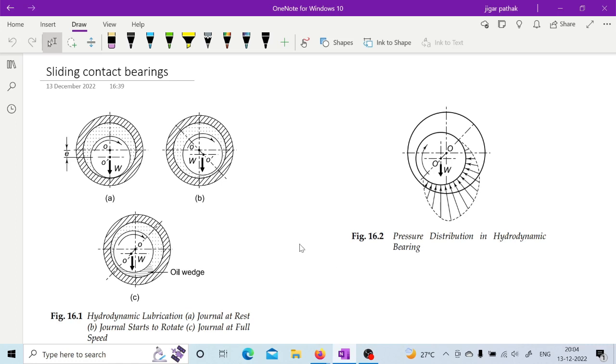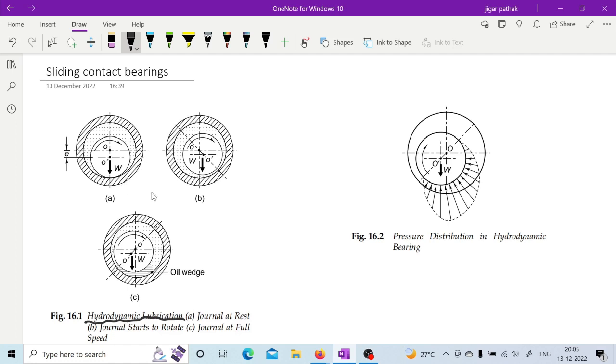First, in hydrodynamic lubrication, as shown in the figure, at the beginning when the journal is at rest, there will be contact between the journal and the bushing inside which it sits.